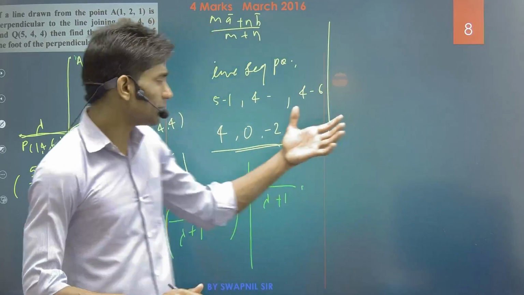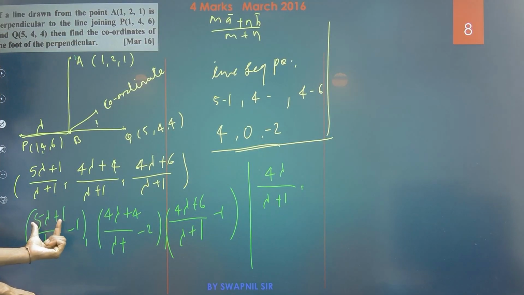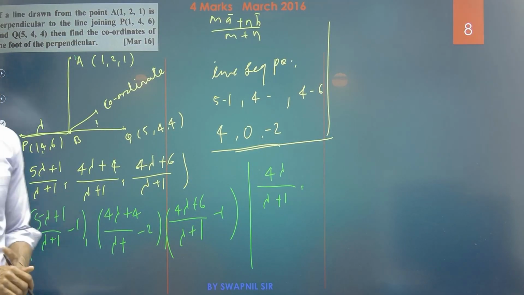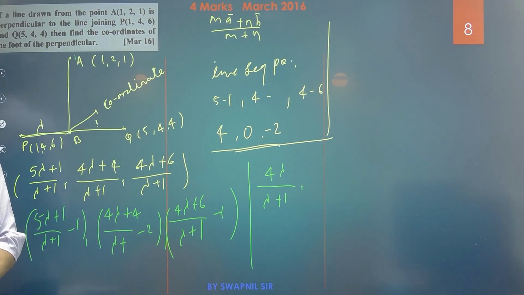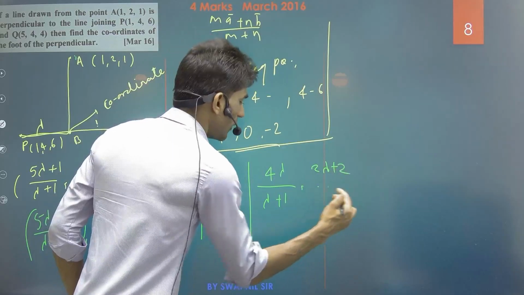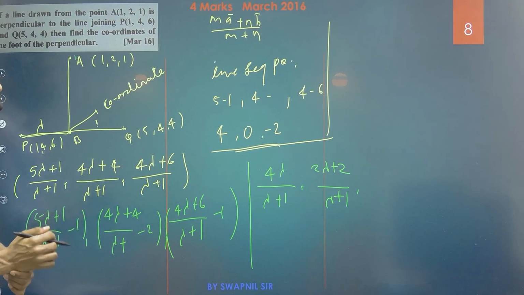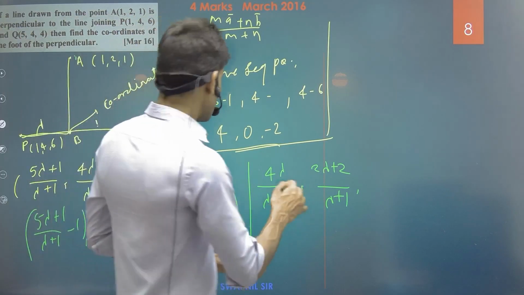Just need to subtract these values. So lambda plus 1 into minus 1 plus 5 lambda plus 1 upon lambda plus 1 is our first value. We will get 2 lambda plus 2 as the second value. You have to go for the calculation, this is just a part of the calculation. 2 lambda plus 2 upon lambda plus 1. And the third direction ratio we have here is 3 lambda plus 5, after calculation.